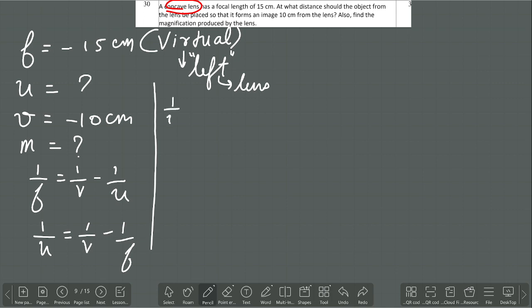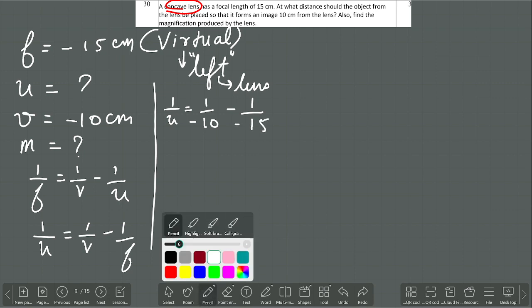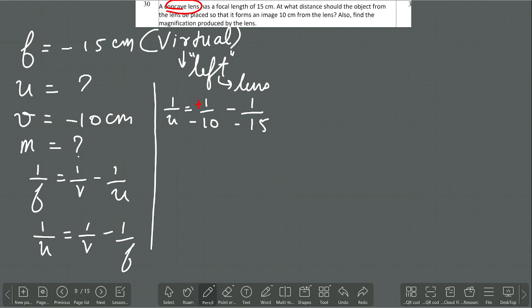So 1 by u is equal to 1 by, what is the value of v? It is given minus 10. On minus there, add that minus 1 by, and what is the value of f? It is given minus 15. Here we don't have any symbol, so let us add it as plus. So 1 by u is equal to minus 1 by 10, minus by minus plus 1 by 15.